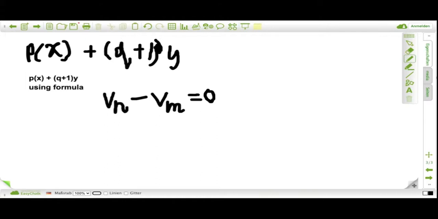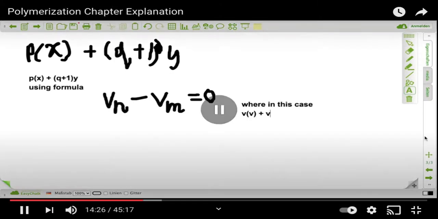So use it as 0. v of v plus v of b is equal to p of x plus q plus 1 of y. Remember this.